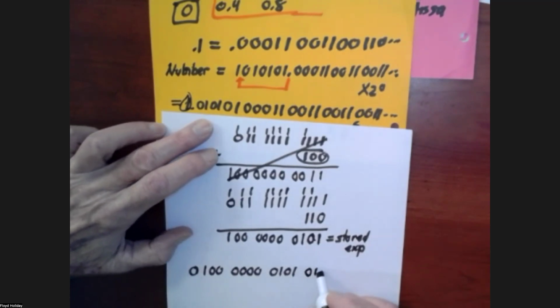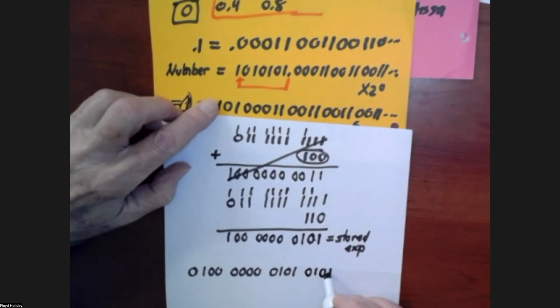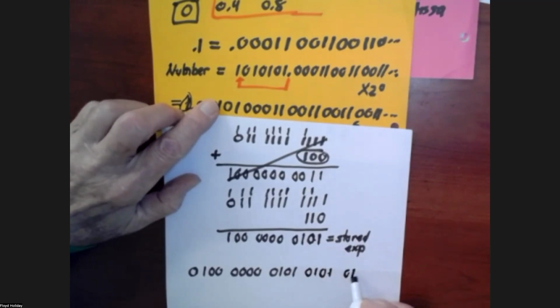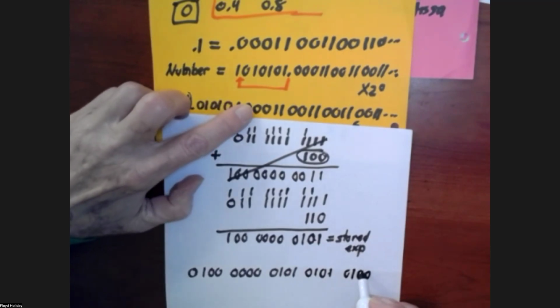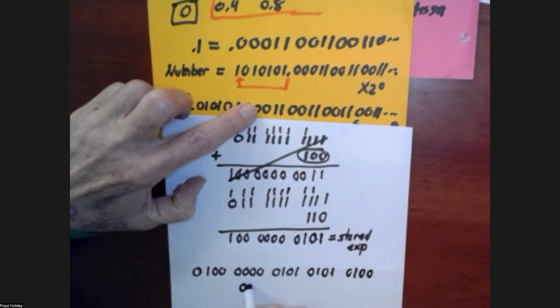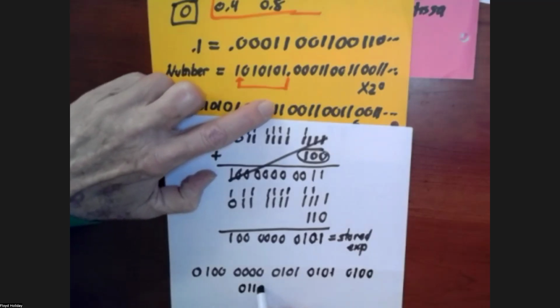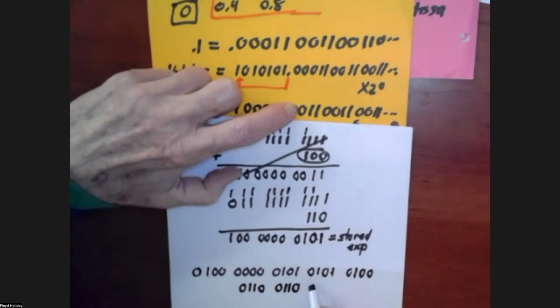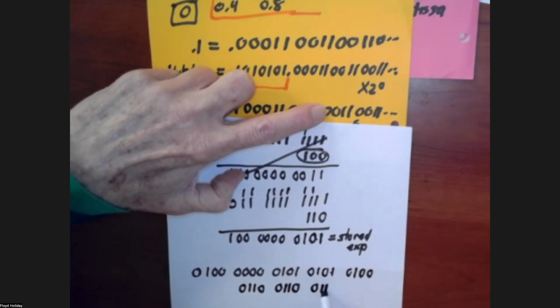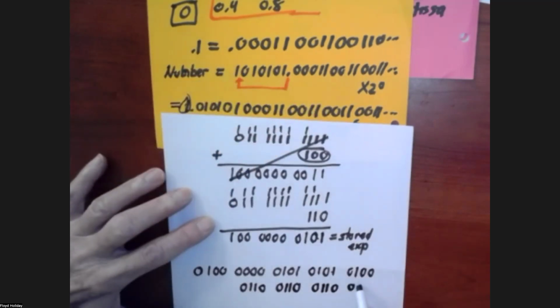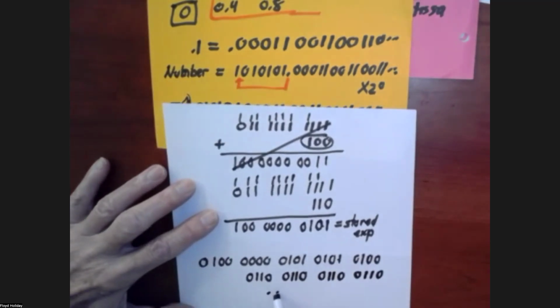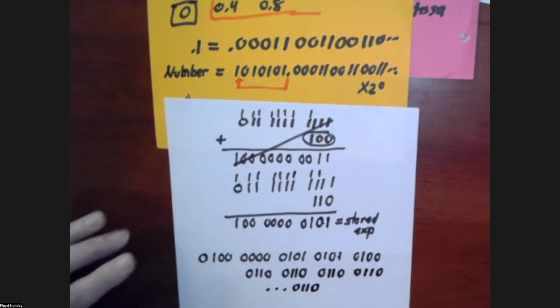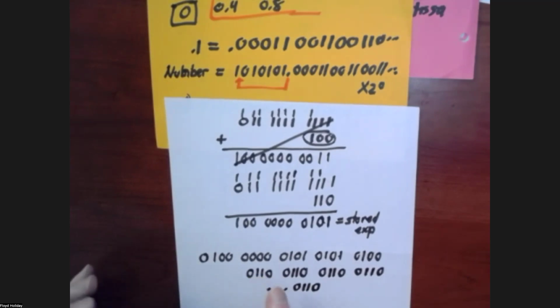I'm going to run out of space, I think, but let's see. 0101, we're up to here. 0100, 0110, 0110, 0110, 0110... Repeat that quadruple enough times so that there's a total of 64 bits.